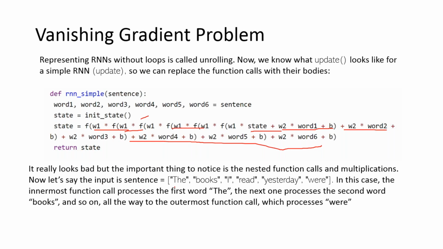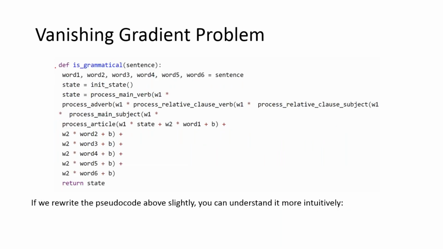Let's say I have an input like 'the books I read yesterday', where the innermost function call processes the first word, the next one processes the second word, books, and so on, all the way around to the end. If I implement that complete function, it would be the state and then process the main verb.